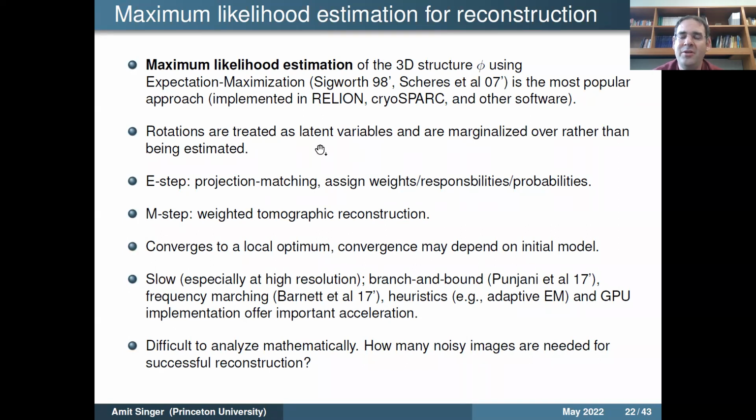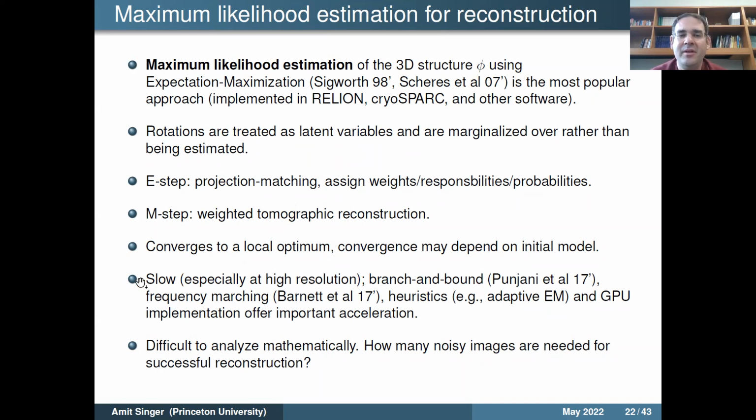Notice that the number of rotations grows indefinitely with the number of samples because there is one rotation per image. But if you marginalize over the rotations and the only parameter you try to estimate is the 3D structure, then you still have consistency.